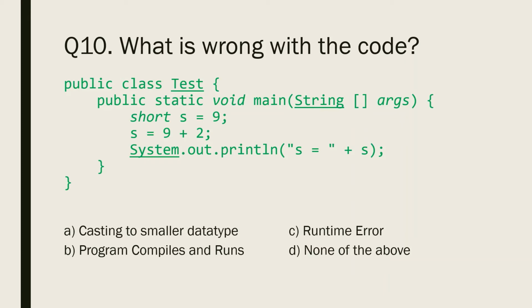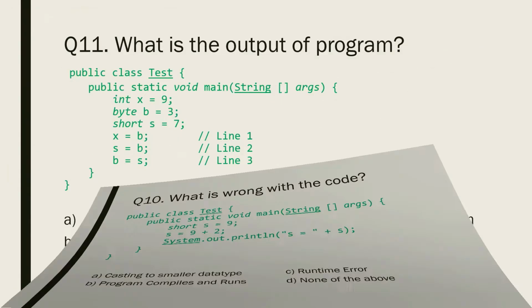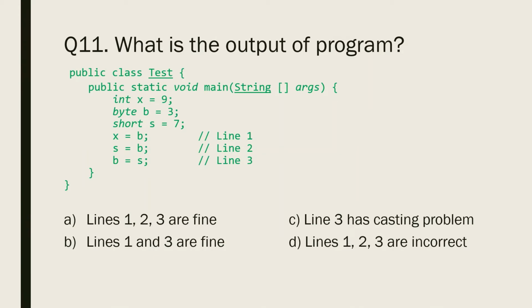A, casting to smaller data type. B, program compiled and runs. And C, runtime error. And D is none of the above. So decide according to your knowledge which option is correct. Okay, question number 11. What is the output of this program? These are the statements inside main function, and we are not going to output anything.